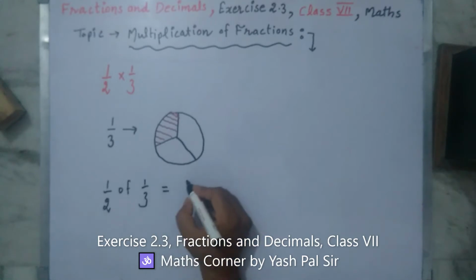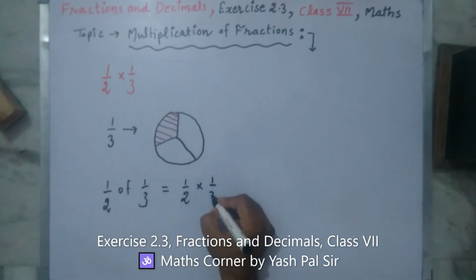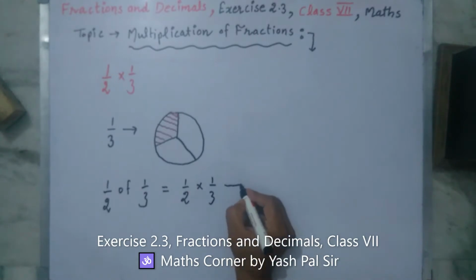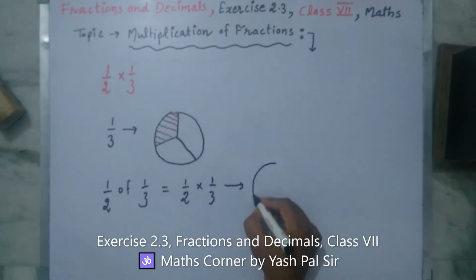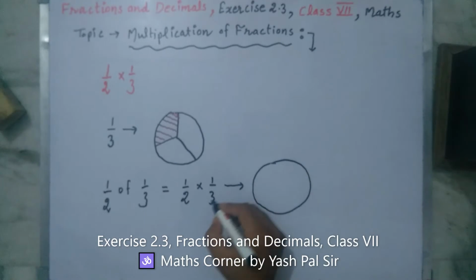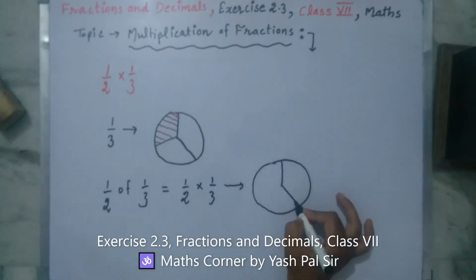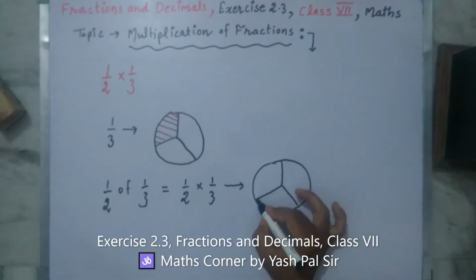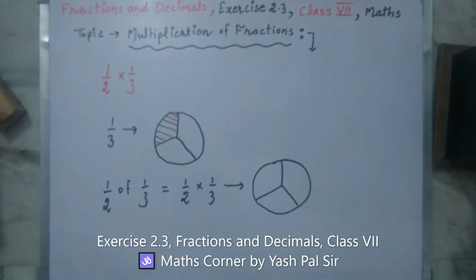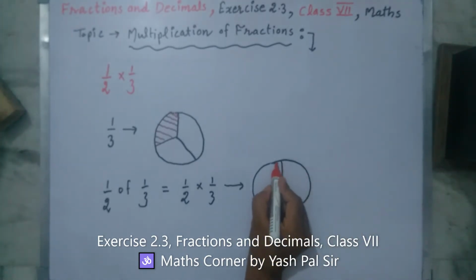That means 1 by 2 into 1 by 3. It means first of all, this complete circle which was divided into 3 equal parts and one part was shaded.